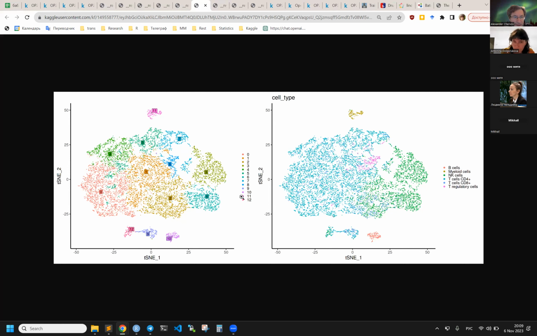That's a little strange, don't you think? I would expect some differentiation, some groups by drugs, but we see only cells are different from each other, cell types specifically.